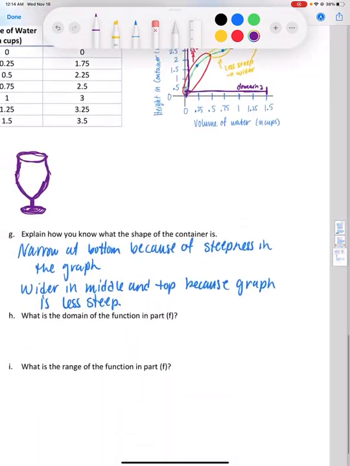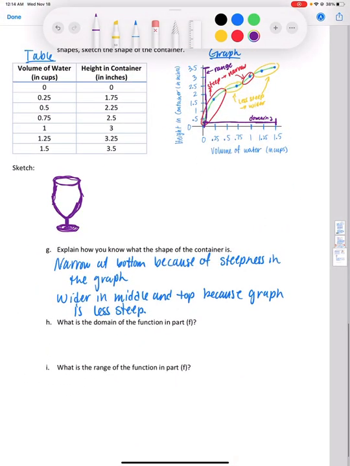Okay, so let's go here. What is the domain and range? So the domain, and that's the important part right here. Range, important one there. The domain is how much data we span from the x-axis. So the domain is 0 to 1 and 1/2 cups.